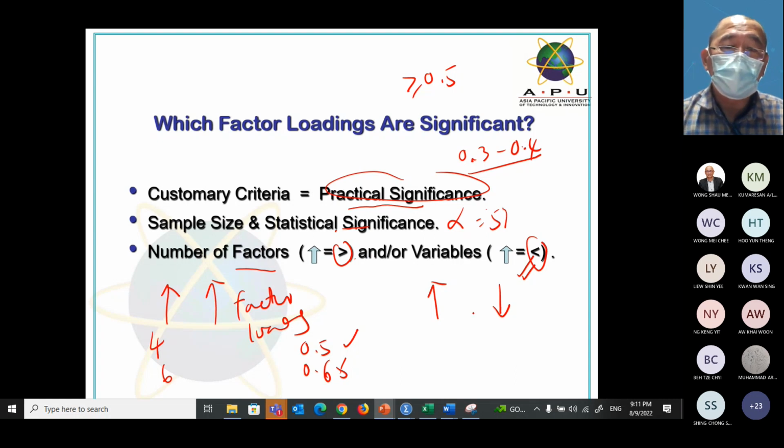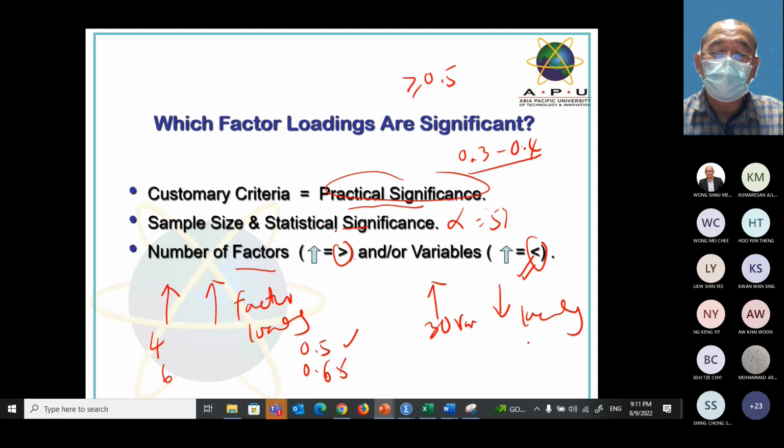For example, let's say you have 30 variables, the loading can be 0.5. But let's say you increase to 40 variables, because you have more information for the software to analyze.